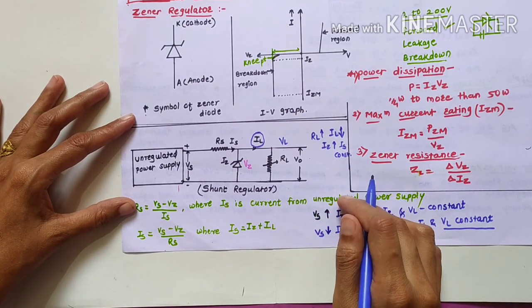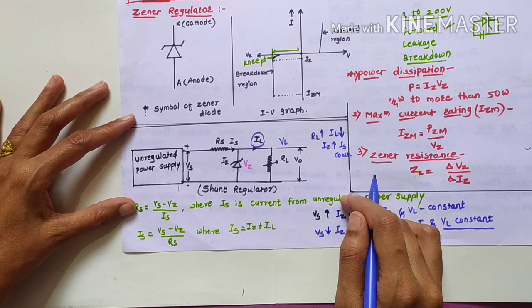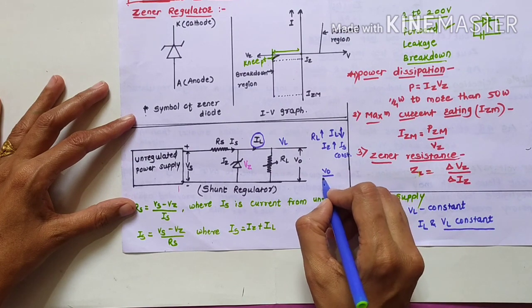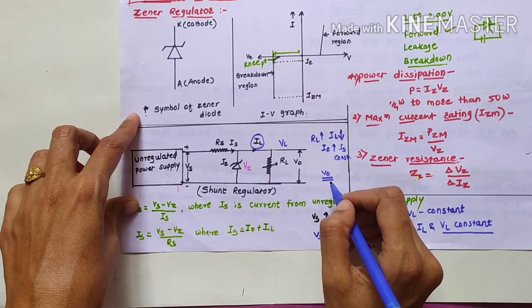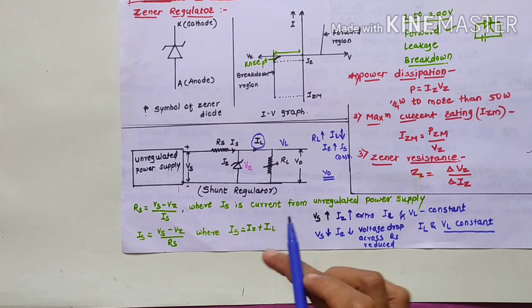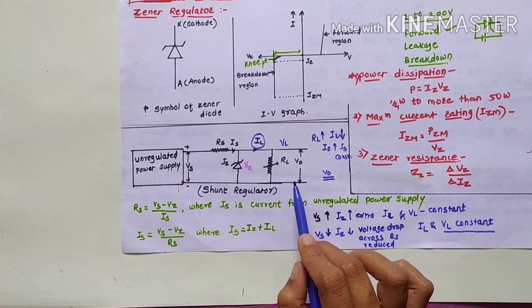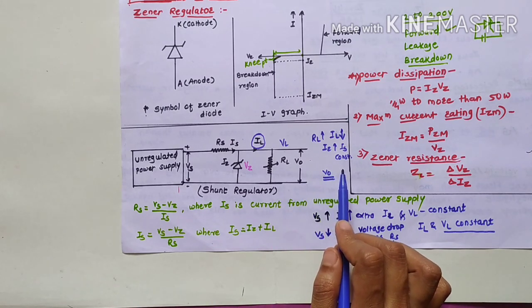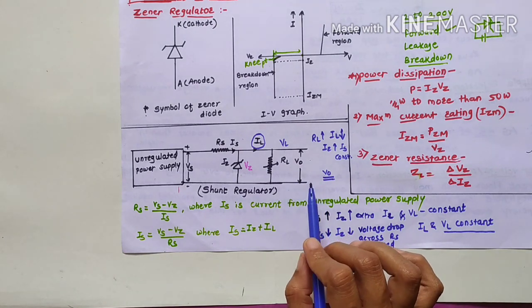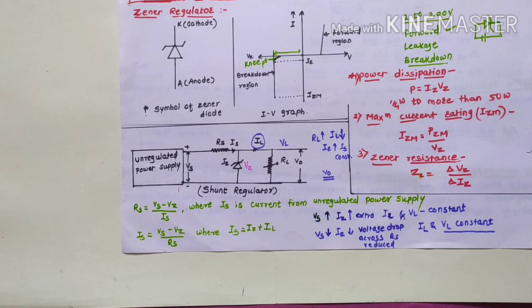This constant Is keeps the output voltage constant. As we get a constant output voltage, we can say that this is the exact output of a Zener voltage regulator. So in this way, the Zener diode voltage regulator provides line regulation as well as load regulation. These two are good characteristics of a power supply.